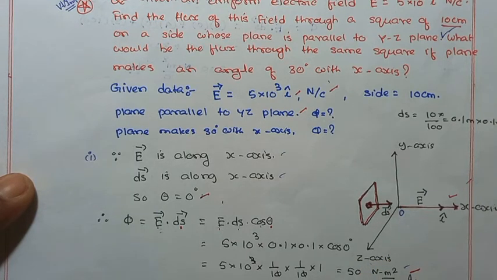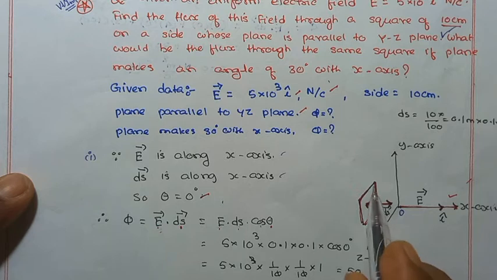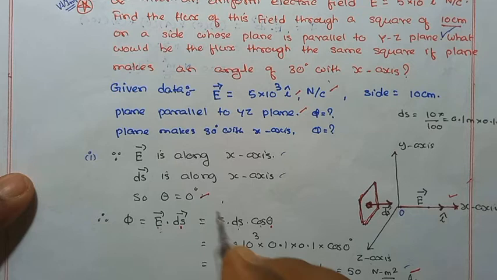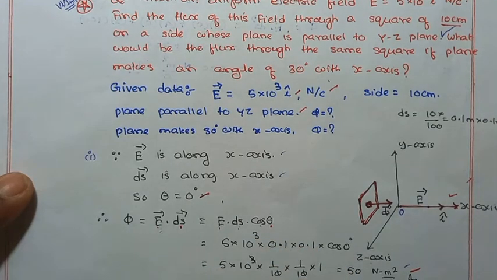That means the direction of the ds vector, the normal to this plane, and the direction of the E vector are in the same direction. Therefore theta is equal to 0.